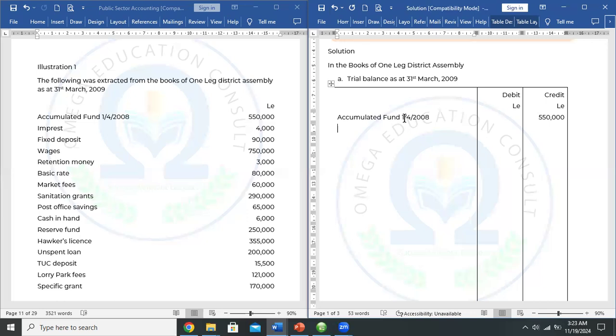So Prof. AC, imprest. Let me take you to the petty cash book. You saw this imprest thing. So what is imprest? Yes. For the petty cash book.